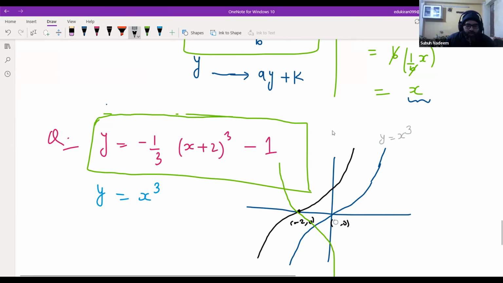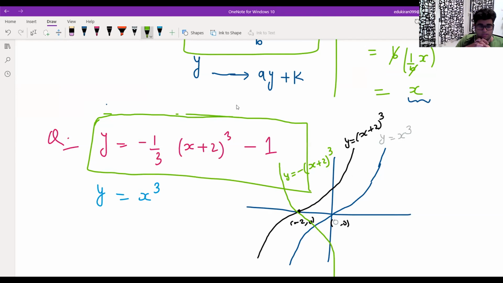This was y is equal to x cube. This black one is y is equal to x plus 2 whole cube. Then this green one is y is equal to minus x plus 2 whole cube. Is it okay?